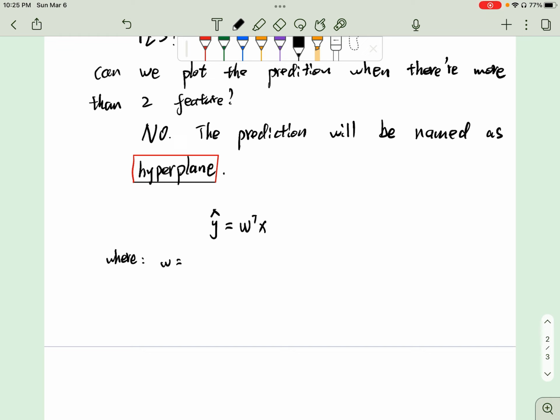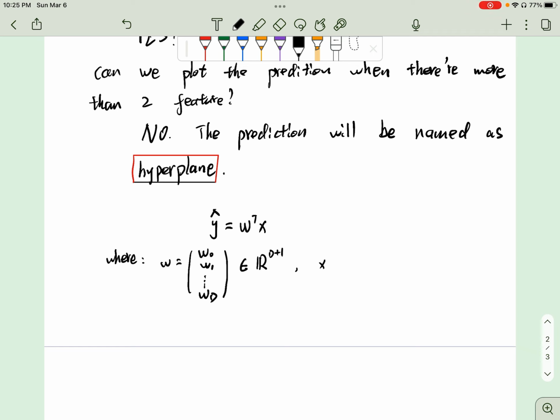So here omega will be denoted by omega 0, omega 1, and omega d. This belongs to the vector space of dimension d plus 1.